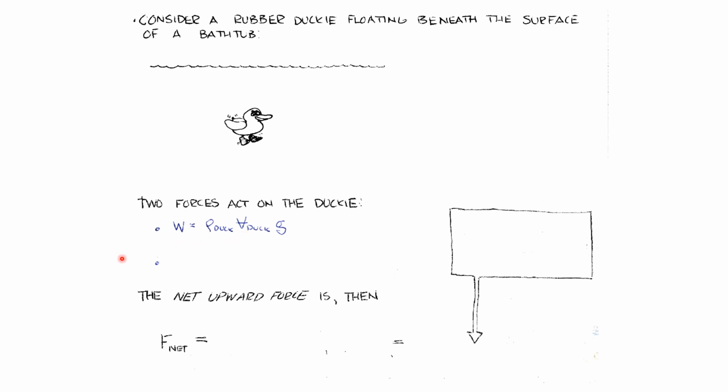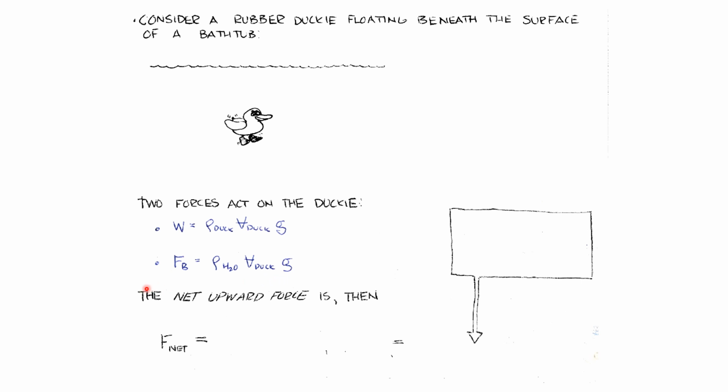The force that the water surrounding the duck exerts on the duck is the buoyancy force. So in your fluids class, you learned that that was the weight of the displaced fluid. So we write that as rho of the water times volume of the duck times gravitational acceleration.